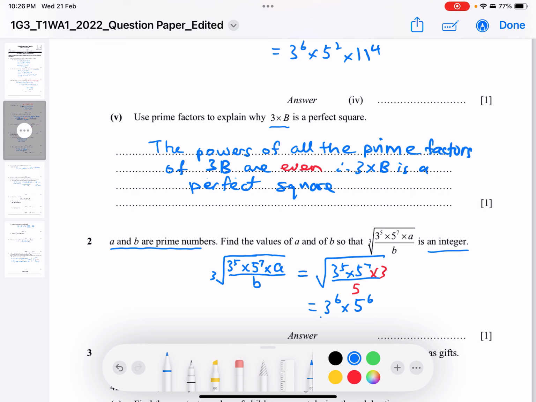And this is the number that you can take the cube root. The result will be an integer. Okay, 3 squared times 5 squared. Therefore, A must be 3 and B is 5.